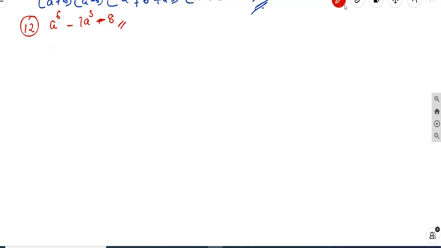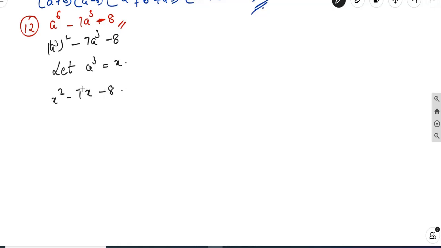I will write this one as a cube square, because I want it in the quadratic form, minus 7a cube minus 8. Next step, let a cube equal x. So this becomes x square minus 7x minus 8.